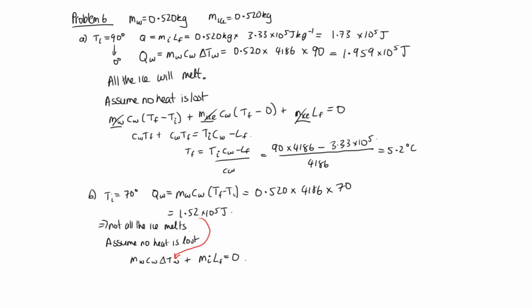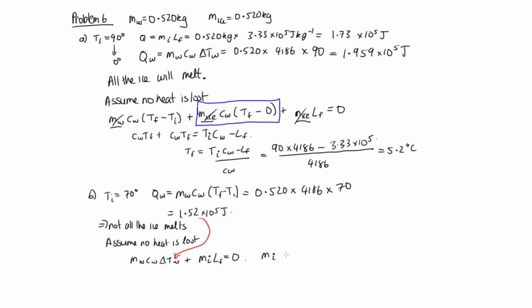Now in this, up above, we had this term here. This related to the melted ice heating up. That doesn't happen here because not all the ice melts, so we don't need to include that term. Okay, so we're trying to work out how much ice melts.